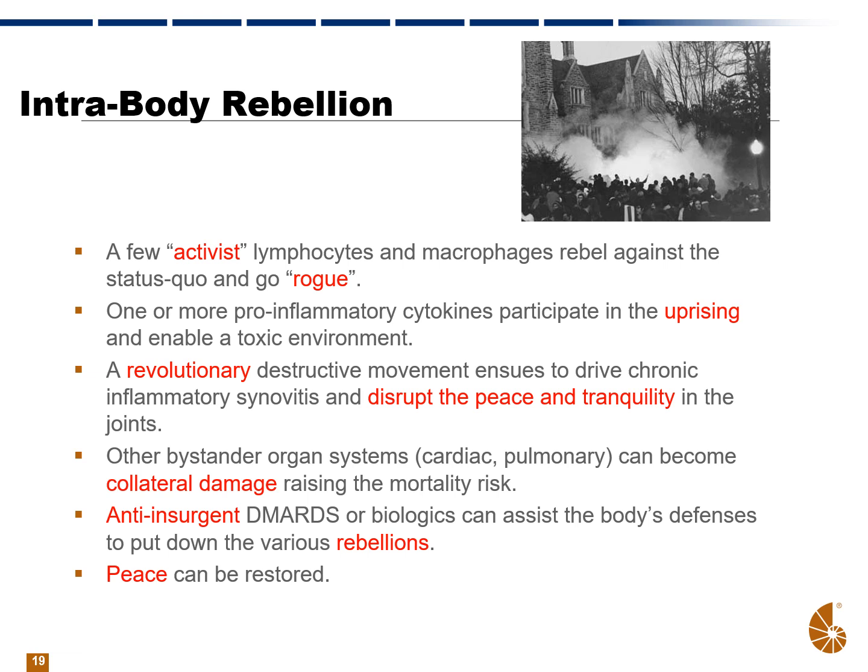A revolutionary destructive movement ensues to drive chronic inflammation and disrupt the peace and tranquility, just like our spring uprisings in college. Other bystander organ systems like cardiac or pulmonary can become collateral damage, raising the mortality risk.